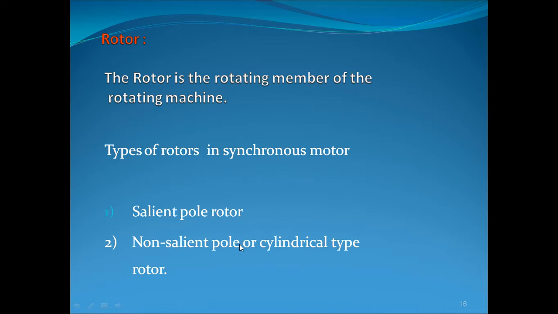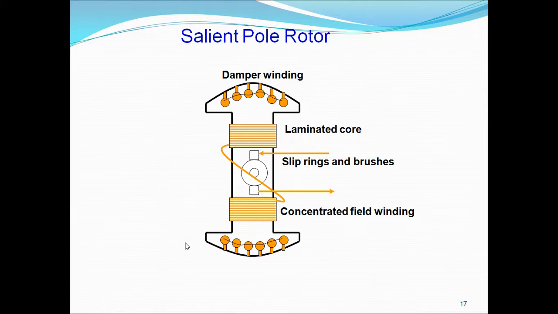As you know, speed is high, so what about the number of poles? The number of poles will be reduced, that is 2 or 4 poles, and it uses the Pelton wheel. For salient, Kaplan turbine is used; for non-salient, Pelton turbine is used.